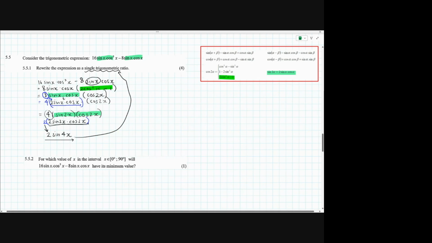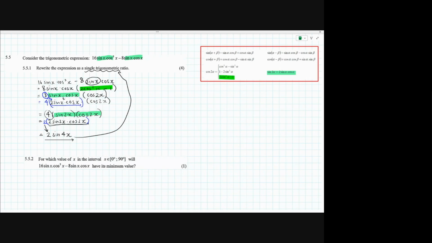All right, so this is a bit nasty because of the number of times we had to use double angles. But when you start to see sine and cos of the same angle, whether it's 2x, 3x, 7x, if they are the same angle and it's a sine times a cos, you can apply your sine double angle identity. And we could keep doing that until we simplify to a single sine double angle.